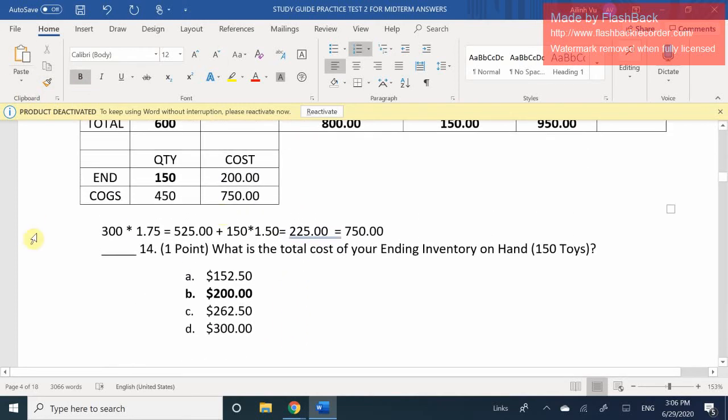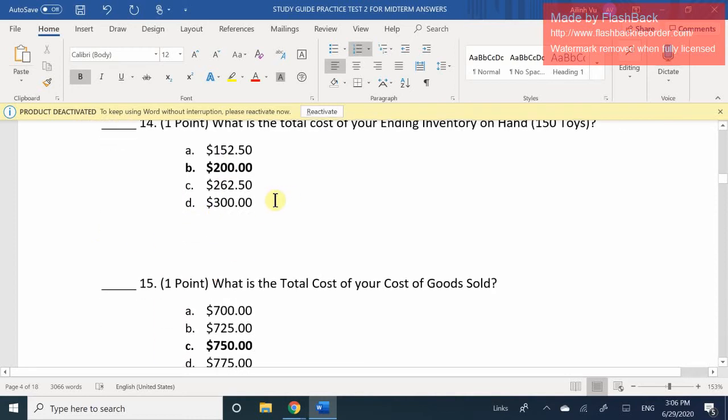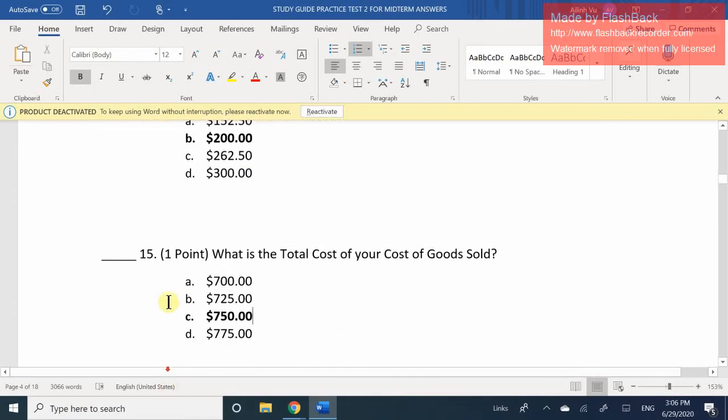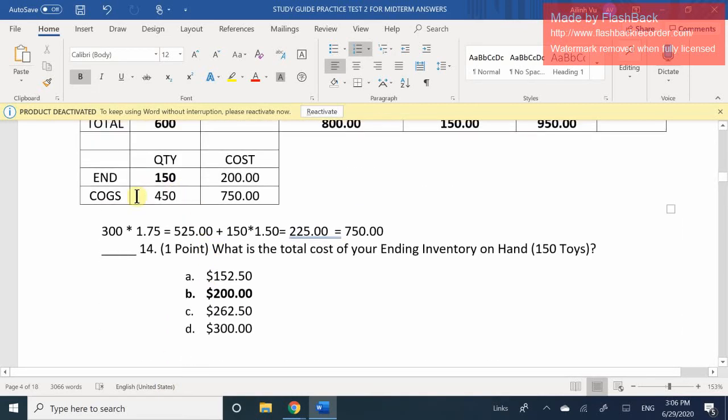So just be careful with the calculations. If you do not see an answer, like I said, these exams I've already calculated beforehand, so the answer should be there. If you don't see an answer, make sure you double check your calculations.